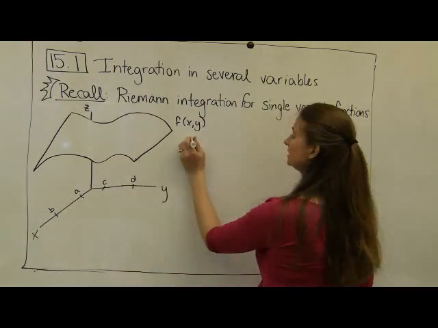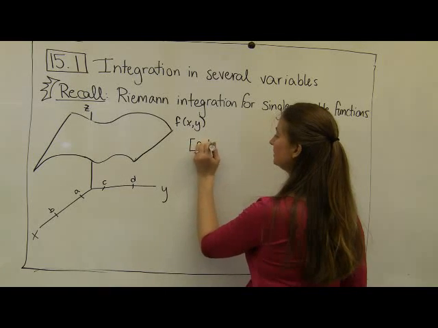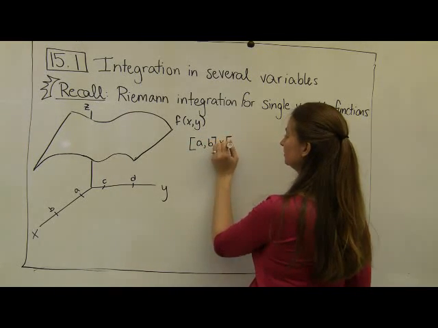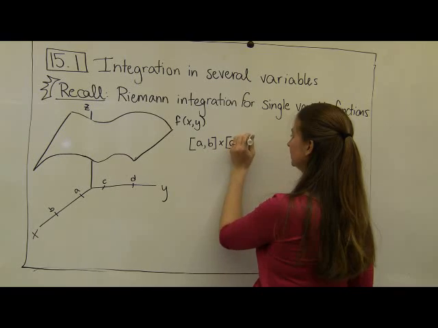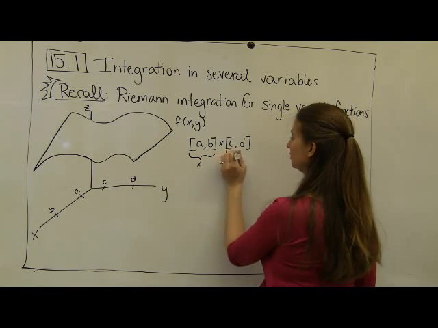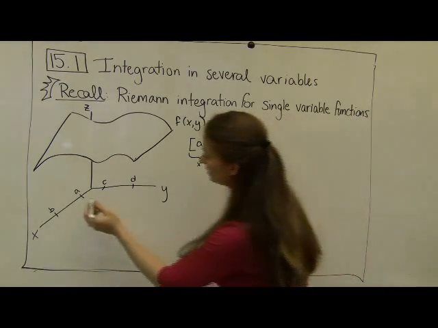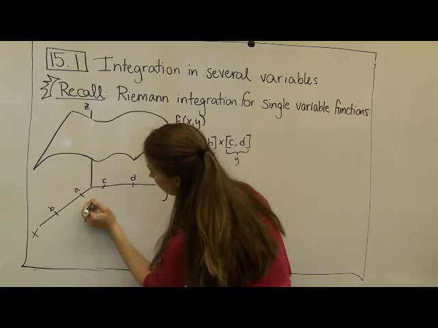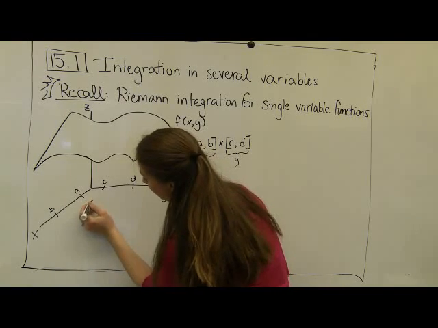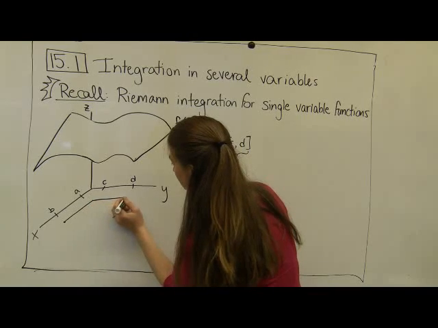So my region in this case, the notation for regions, it's going to be the interval [a, b] crossed with the interval [c, d], where it's convention that we always do the x-coordinate first and the y-coordinate second. And so this rectangular region is something that looks like a box, where my x values are going from a to b, and my y values are going from c to d.